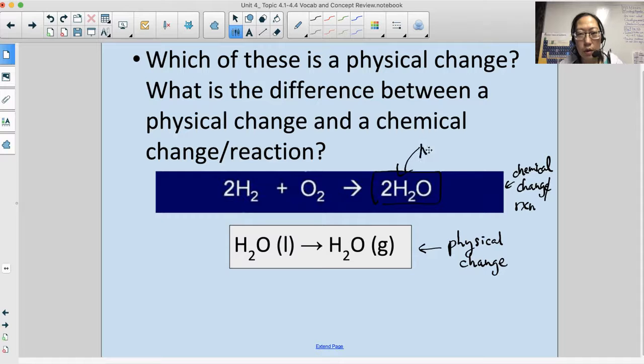This is new. So that's a new substance that is formed through the chemical change, whereas in a physical change, we still have the same exact chemical species before and after, but a physical property of that substance has changed.